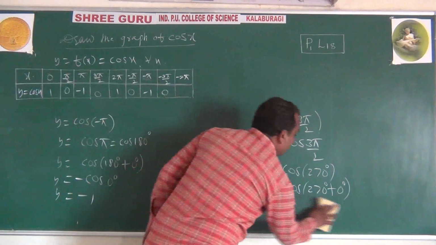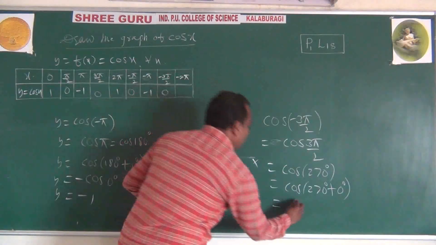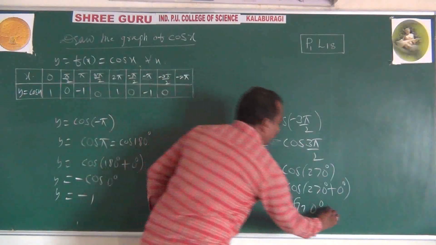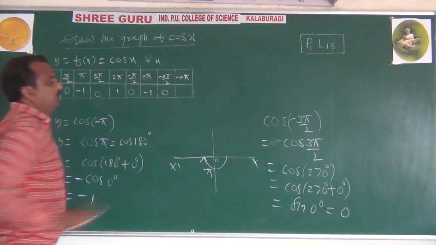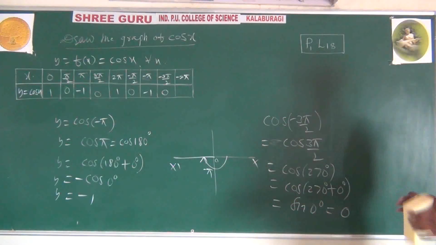So it isn't changed here. When the angle is 270 or 90 degrees, it is cos 0 in the fourth quadrant, either positive or negative. What is cos 0? It is 0 only. So this is the value of cos of 3 pi by 2.